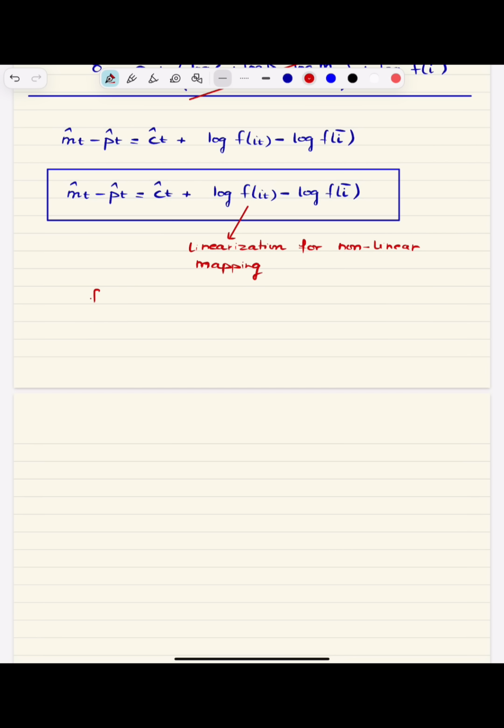Okay, so let's do the Taylor expansion. Remember, when we have a function f of x, and we want to see the behavior around x bar, it's going to be like this: the first derivative at x bar times x minus x bar. Okay, this is the first order Taylor expansion. So in this case, we'll have a log of f i t.